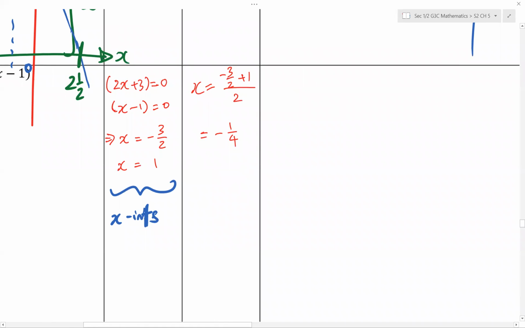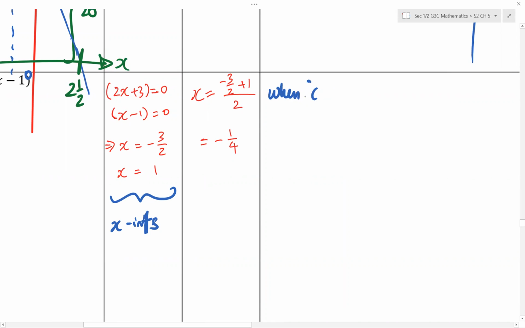Our line of symmetry is done. The next intercept we need is our y-intercept, when x equals 0. Every time we say when x equals 0, we are trying to find the y-intercept, because the y-axis is a vertical line. Substitute x equals 0.